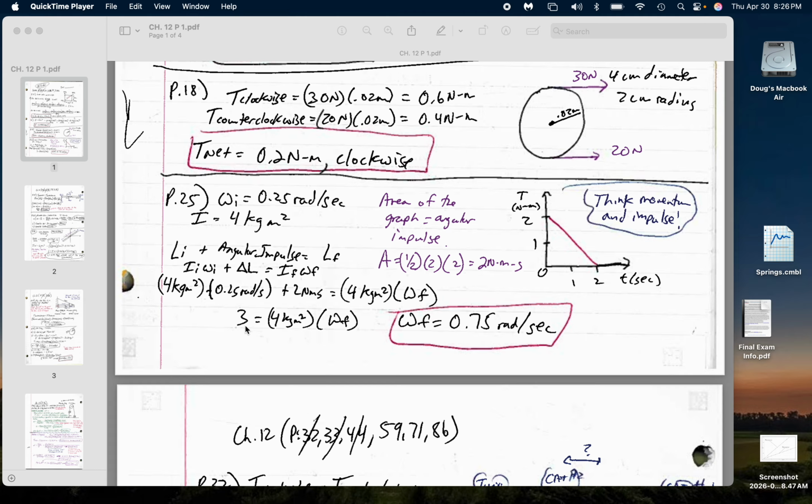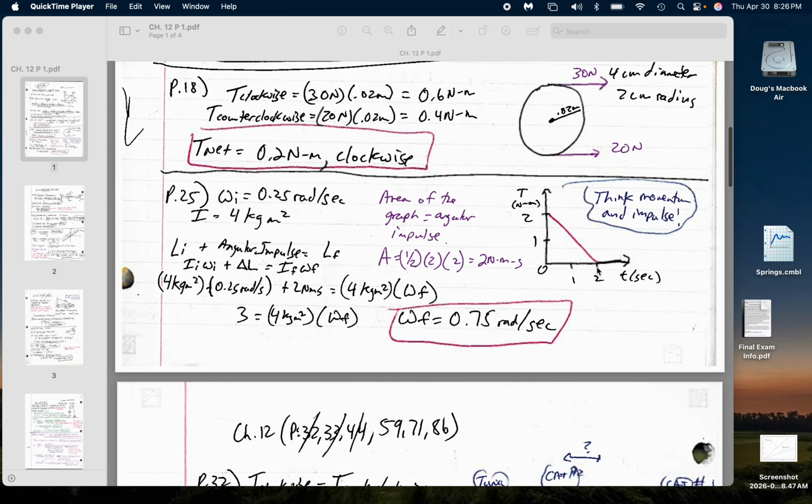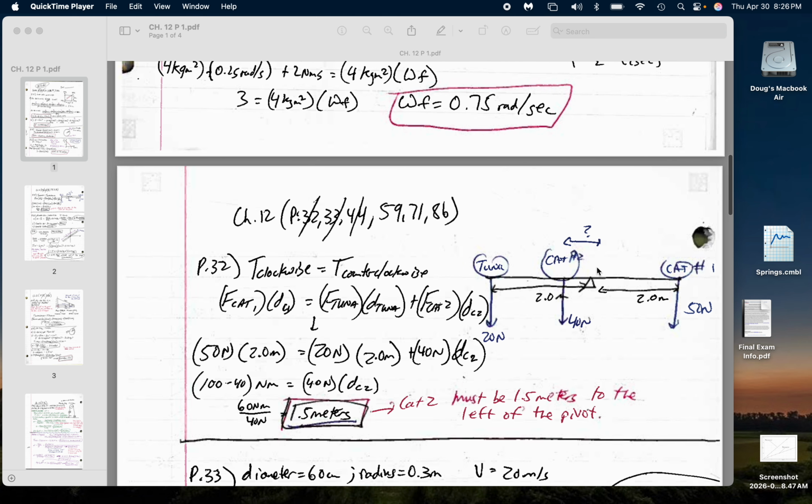Kilogram meters squared per second, I guess, is another way to think about that. But that equals the moment of inertia times the final angular velocity. So 3 divided by 4, that gives me a final angular velocity of 0.75 radians per second. So like I said, if we're thinking force time graph, that should be easy to understand that that's impulse. So this is angular impulse.